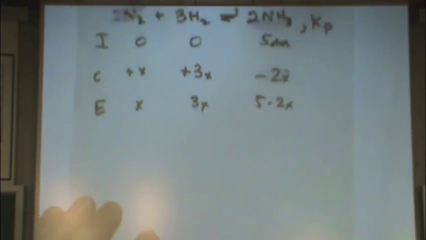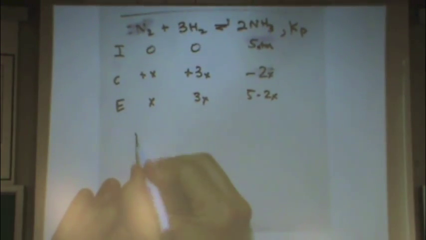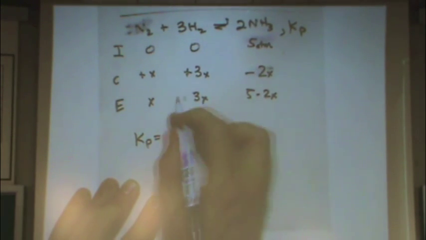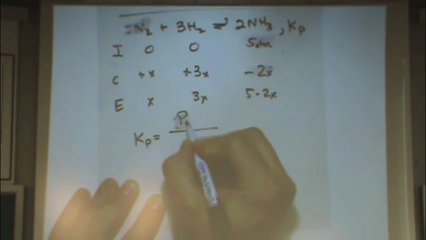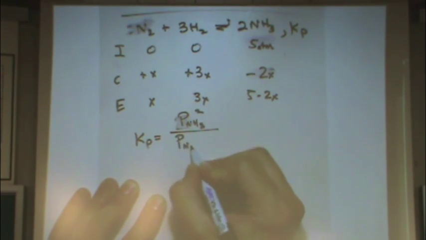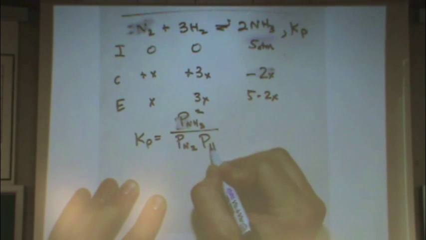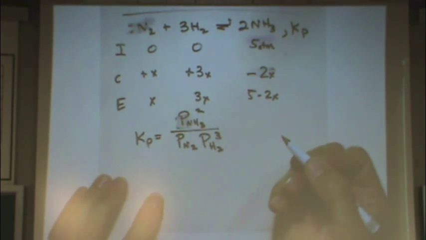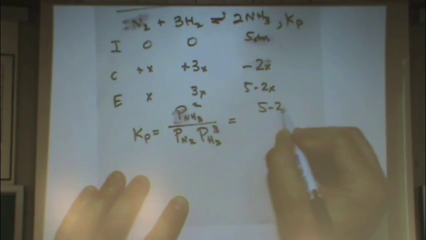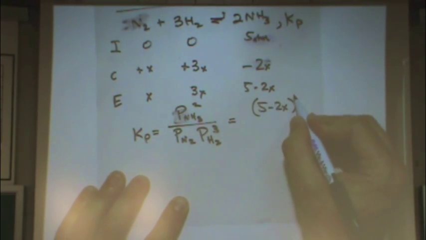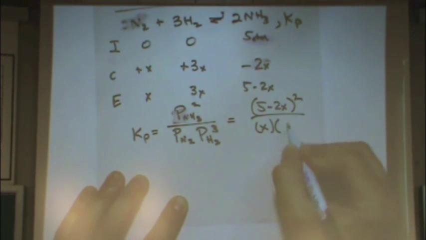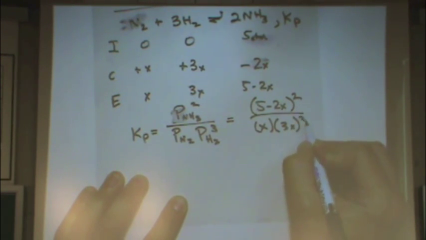And you would say, okay, zoom out a little bit. KP is equal to products, and this is partial pressures now, partial pressure of NH3 squared over the partial pressure of N2 to the first power, the partial pressure of H2 cubed. Okay? And so you would just set it up accordingly. So (5 minus 2x) squared over x times (3x) cubed.